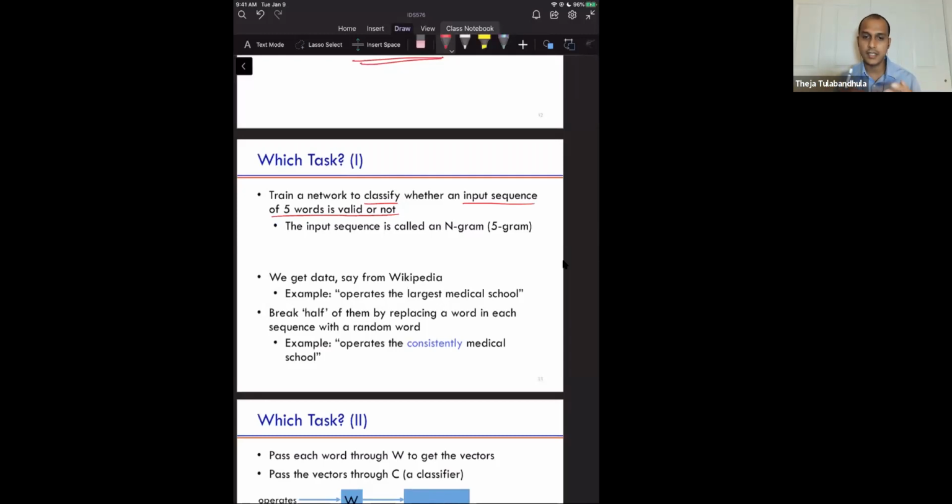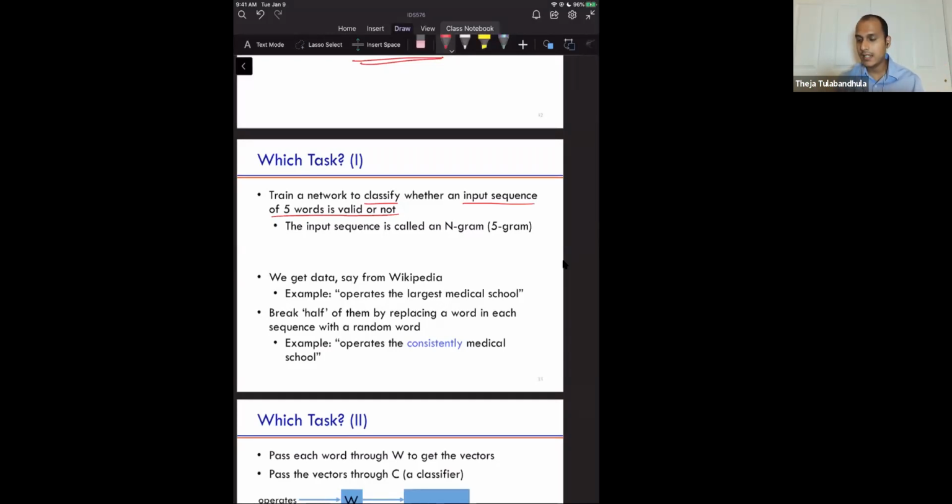Let's say we crawled a bunch of articles on the Guardian or New York Times, and we have all these sentences. All the sentences have valid sequences of words. Now, pick any 5 words in any subsequence from these sentences. The words which do appear in these articles, we're going to tag them as valid.